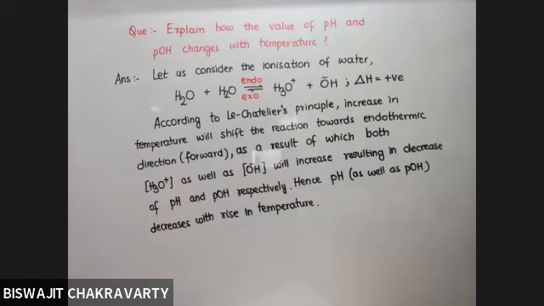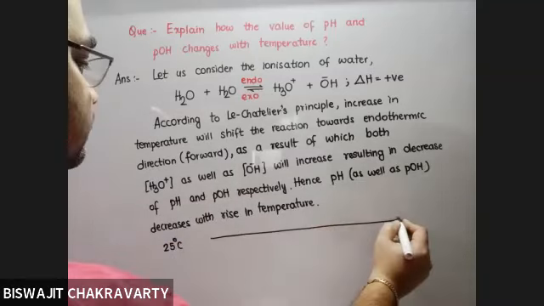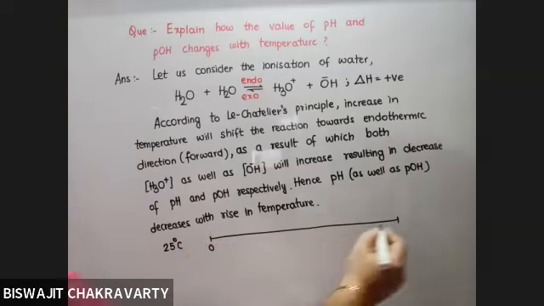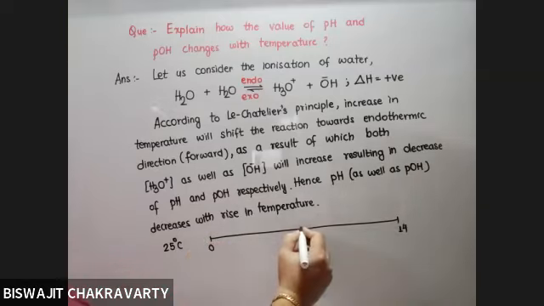Now this is a very important concept, but for our numerical purpose we always consider the temperature to be 25 degrees Celsius, for which pH plus pOH equals 14. So at 25 degrees Celsius, the scale we get is ranging from 0 to 14, where the middle value 7 is considered to be neutral.